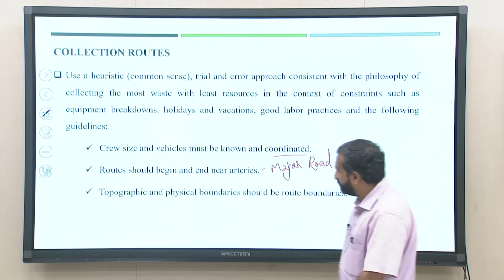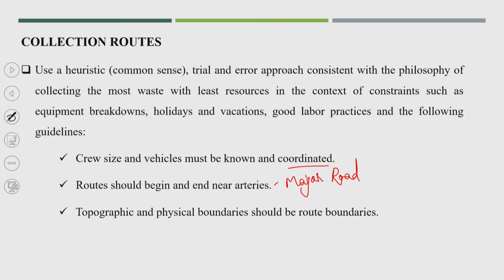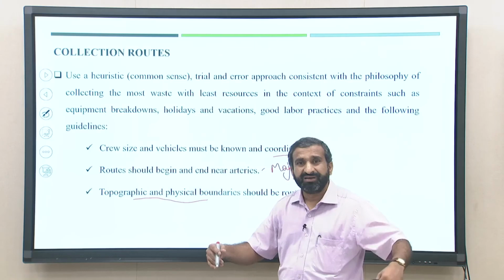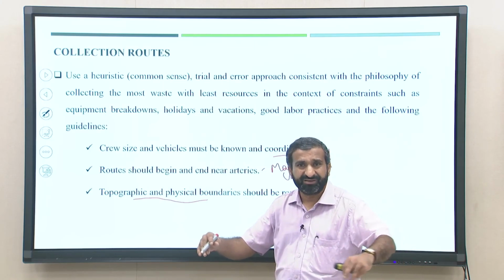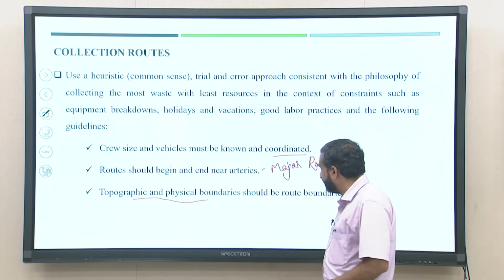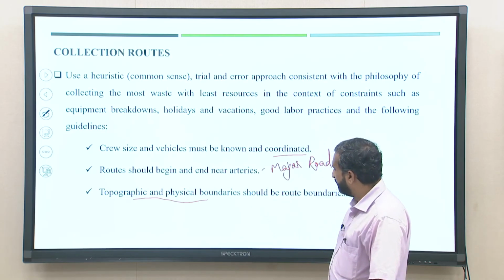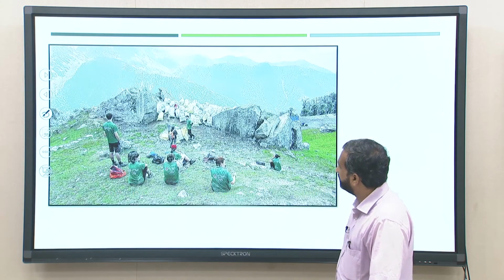Another point is topographic and physical boundaries should be route boundaries. This is another very important point. Whatever the topography of that particular area, or physical boundary, it is possible that some area is covered by one particular road or network, and that could be a route boundary.